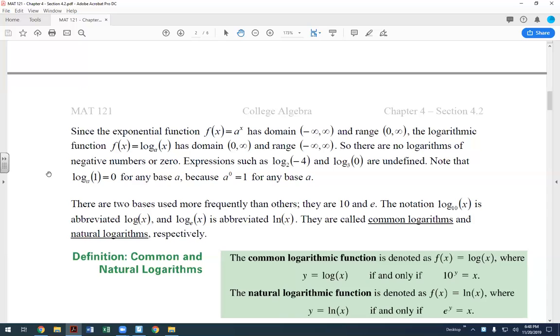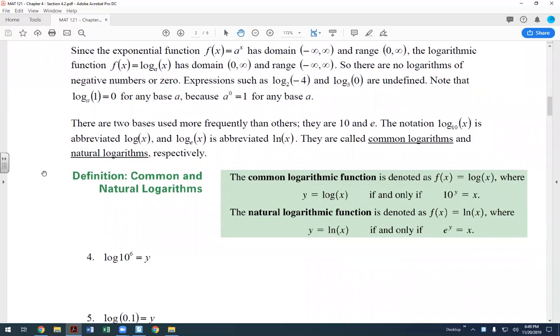Anything raised to a 0 exponent is always going to end up giving you 1. So it really wouldn't matter what base we had on the logarithm. If you're doing this at the value of 1, you're always going to end up getting 0 because that's coming from the 0 exponent. Okay? So no negatives in our logarithm, no zeros in our logarithm, and every time we use a 1, we're going to end up getting 0 as our answer.